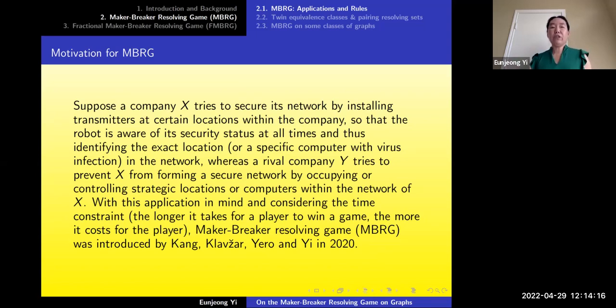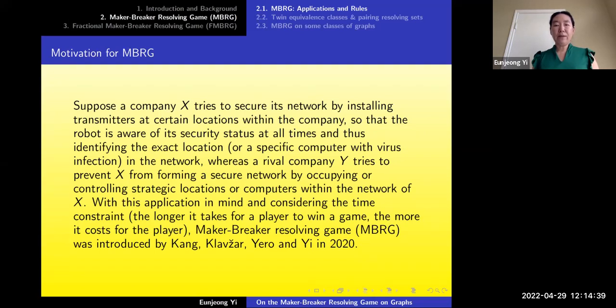So what is the motivation for MBRG? Suppose a company X tries to secure its network by installing transmitters at certain locations within the company, so that the robot is aware of its security status at all times, and thus identifies the exact location of a specific computer with a virus infection in the network.